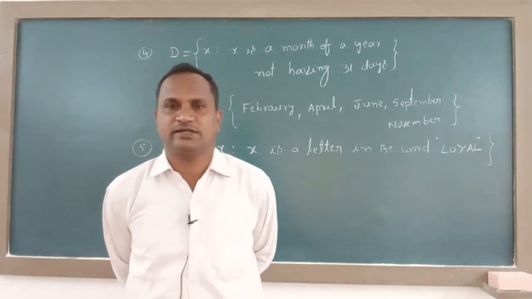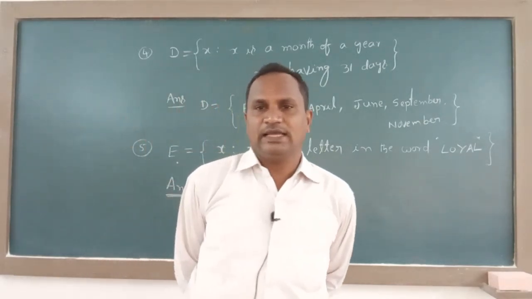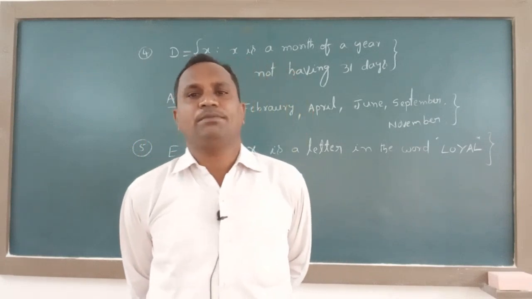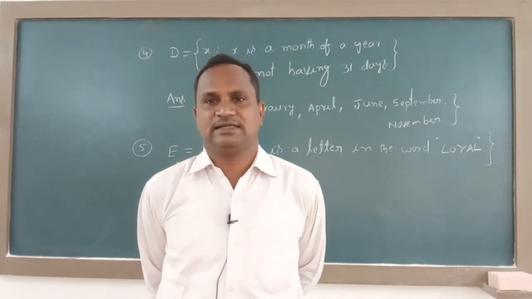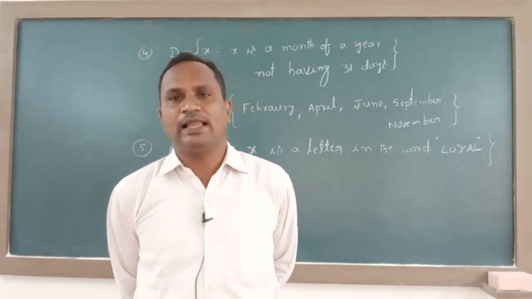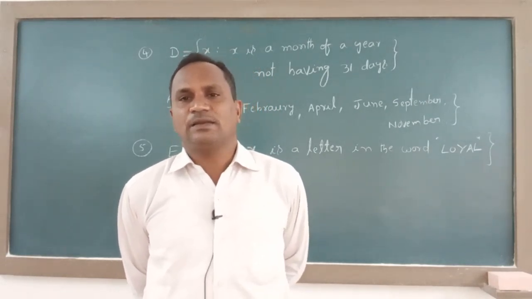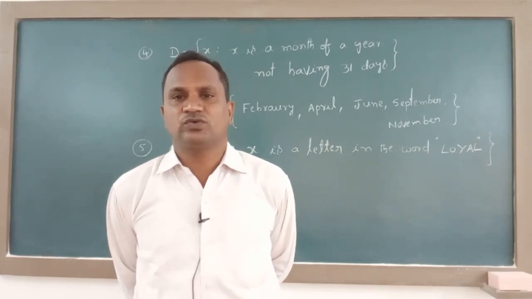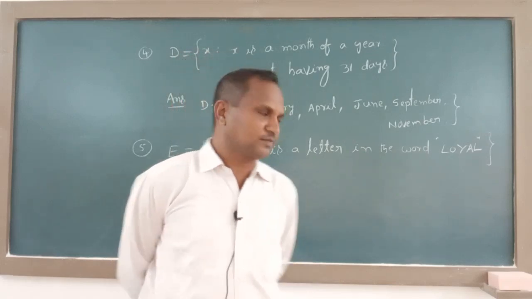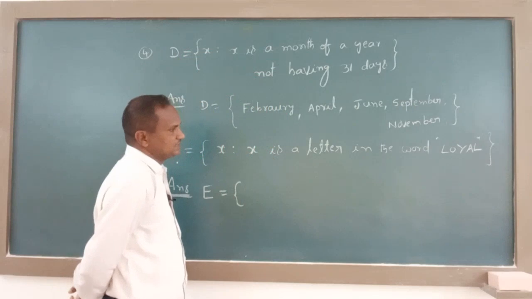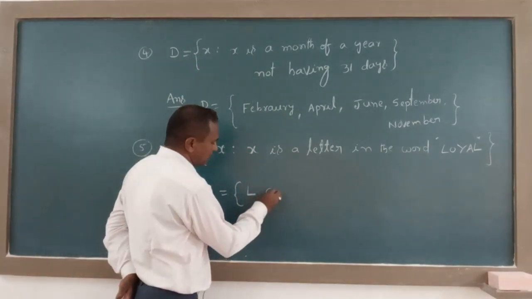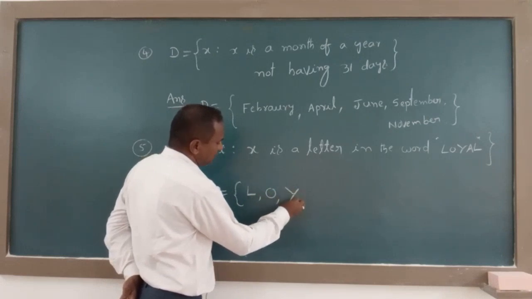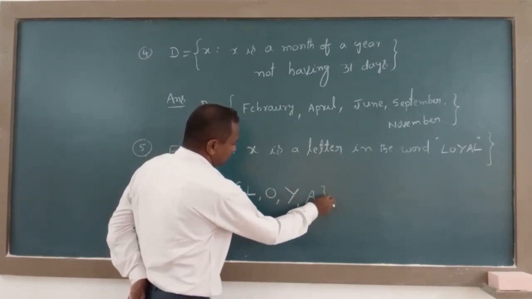Whenever any element repeats any number of times, we should write it only once. Here in the word loyal, L has repeated twice, so we write it only one time. The answer for this question is E is equal to L, O, Y, A. That's all.